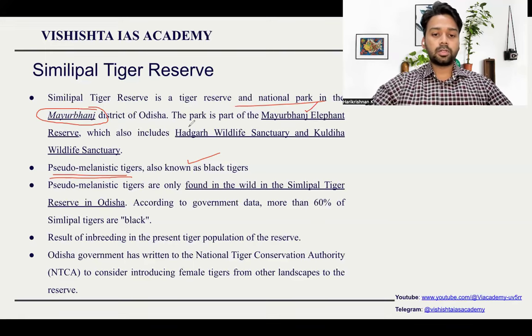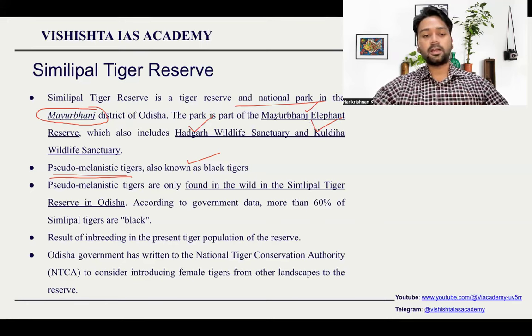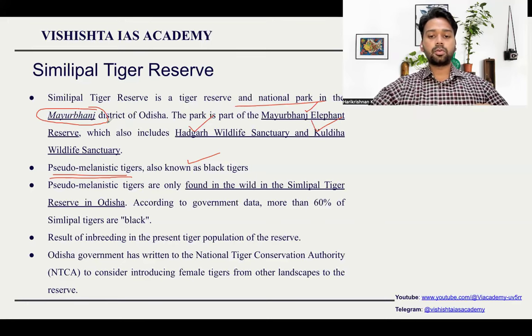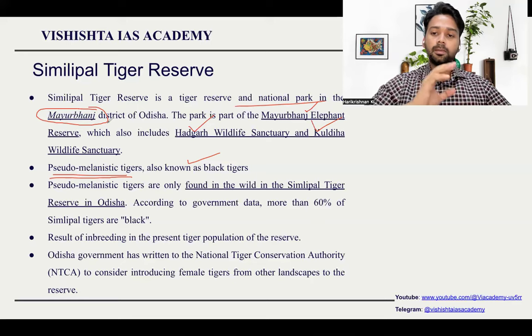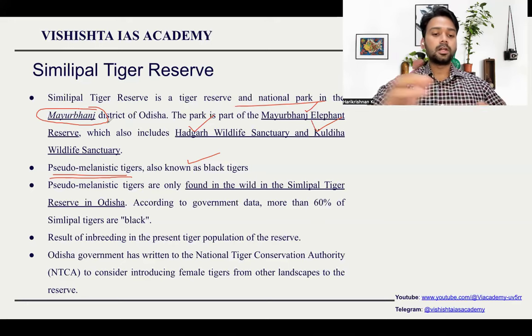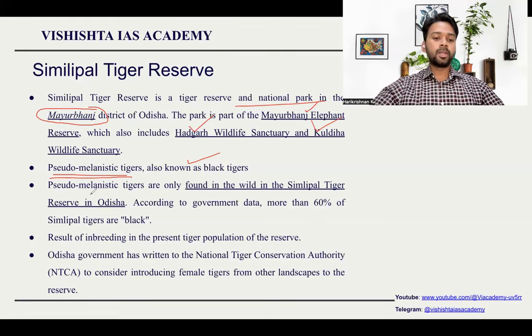And it also includes Hadgad Wildlife Sanctuary and Kuldiha Wildlife Sanctuary. So Mayurbhanj Elephant Reserve includes the Simlipal Tiger Reserve, Hadgad Wildlife Sanctuary, and Kuldiha Wildlife Sanctuary. These points you should be knowing.